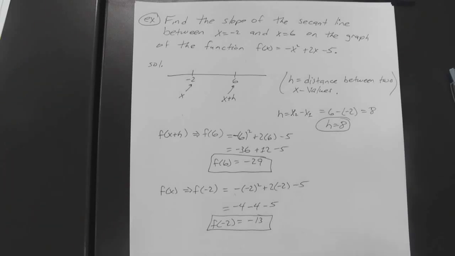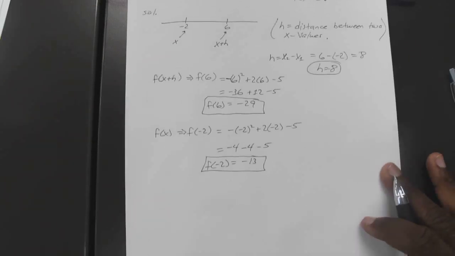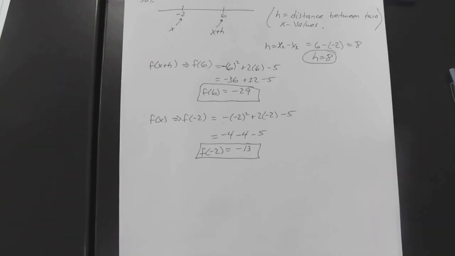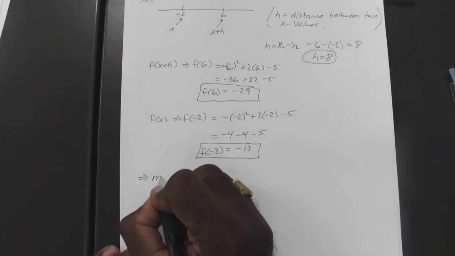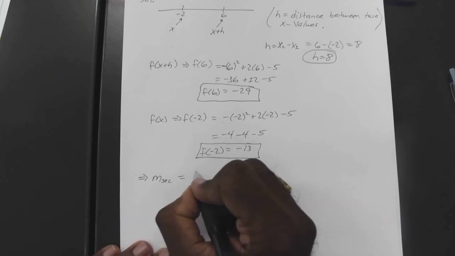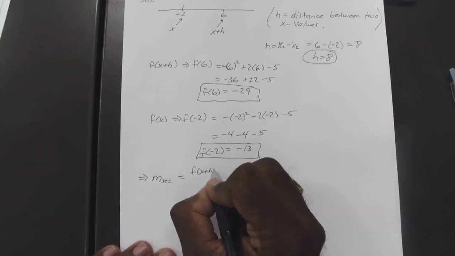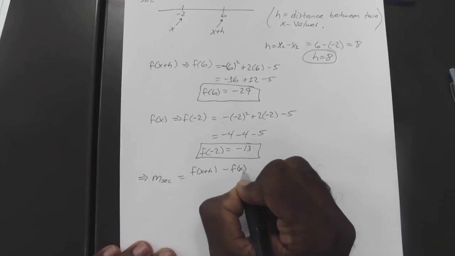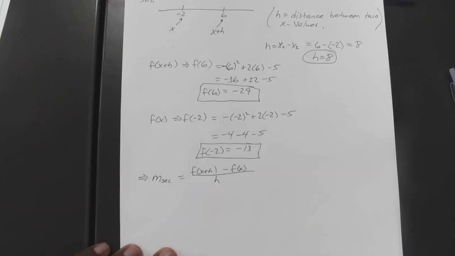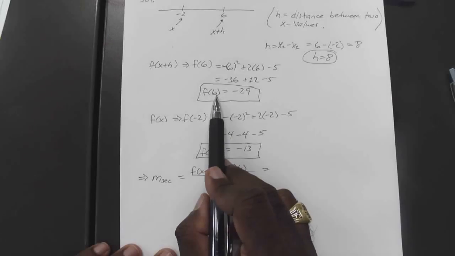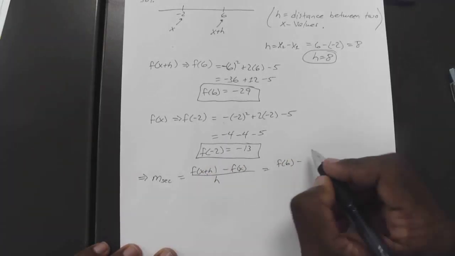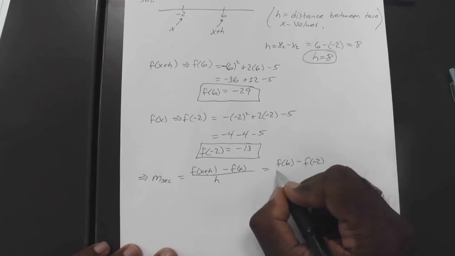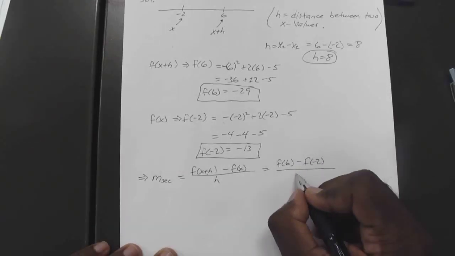Okay. So since they asked for the slope of the secant line, we have everything we need right there. So the slope of the secant line is equal to f of x plus h minus f of x over h, which is equal to f of x plus h. Remember, that's just f of 6 minus f of x, which is f of -2, all over your h, which is 8.